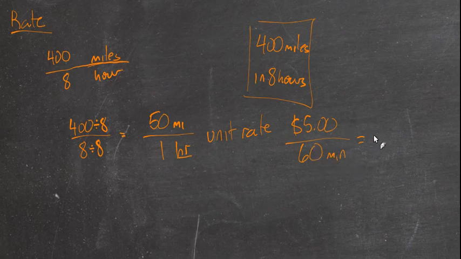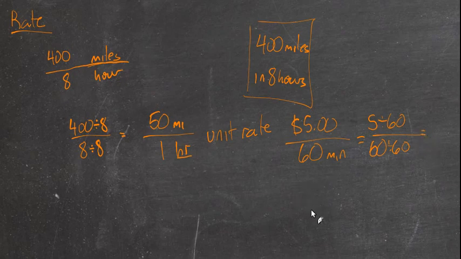So in the denominator, we're going to want to divide by 60. So 60 divided by 60. We're also going to need to take 5 and divide it by 60. Right? Use the same notation in both places. So 5 divided by 60.